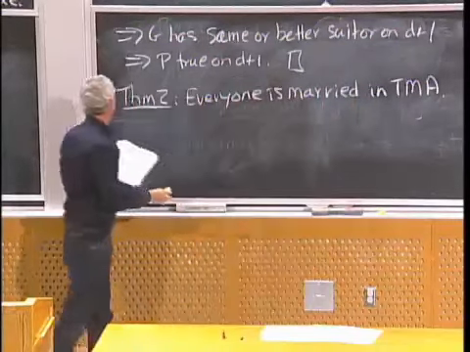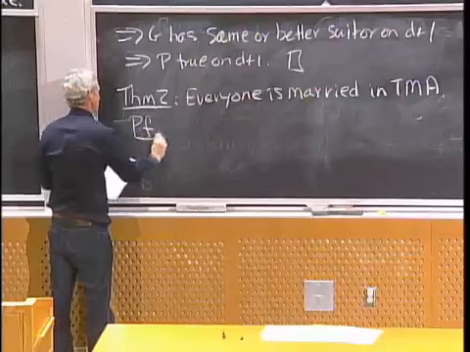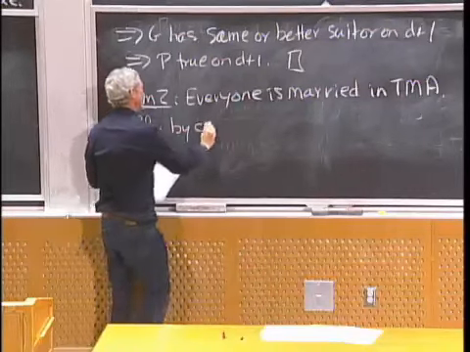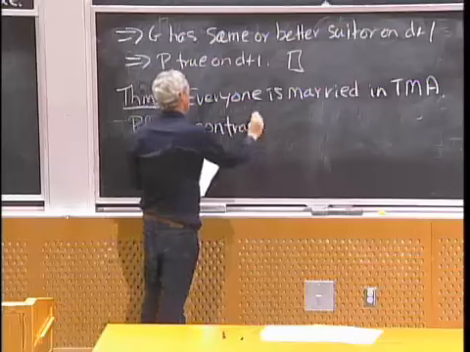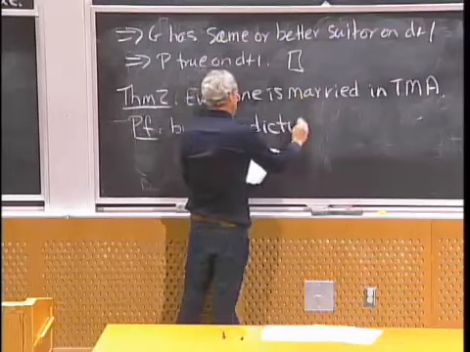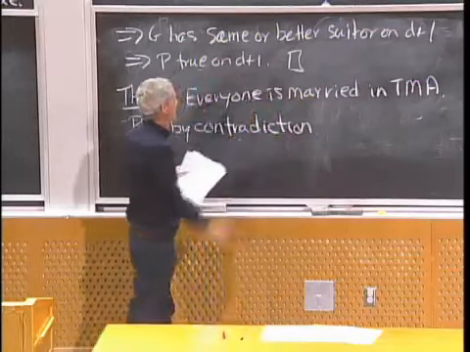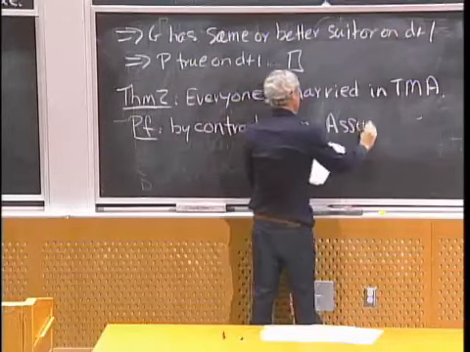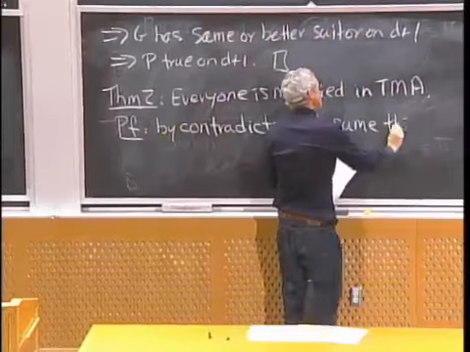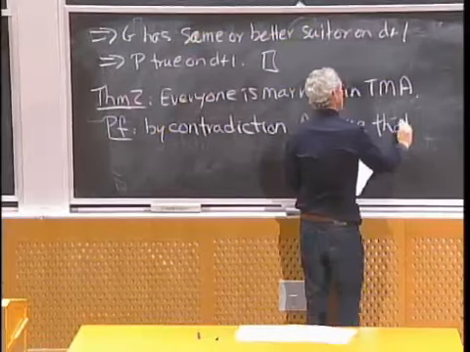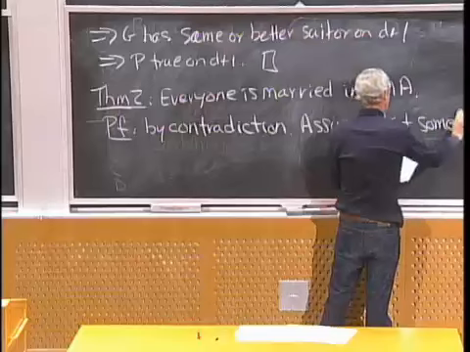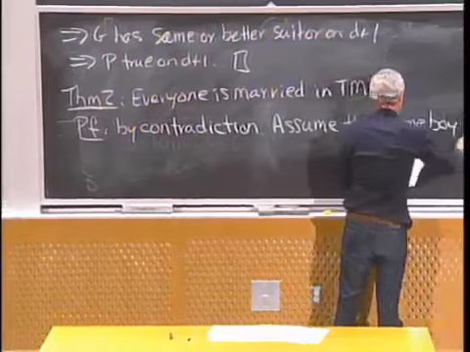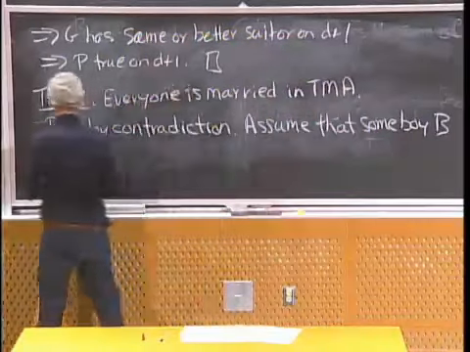And again, the proof will be by contradiction. So we assume not everyone was married. Assume for the purpose of contradiction that some boy, B we'll call him, is not married.